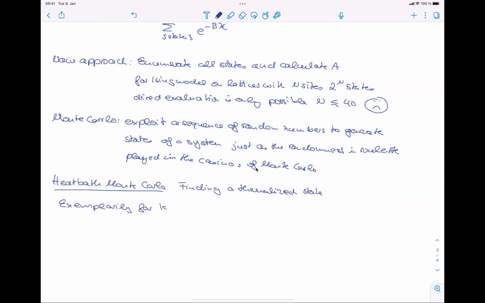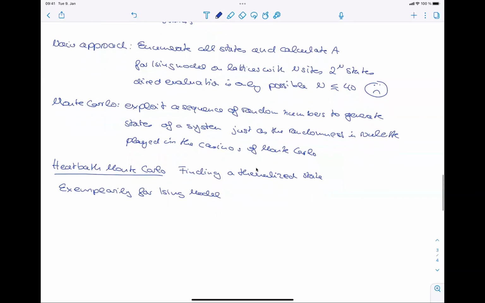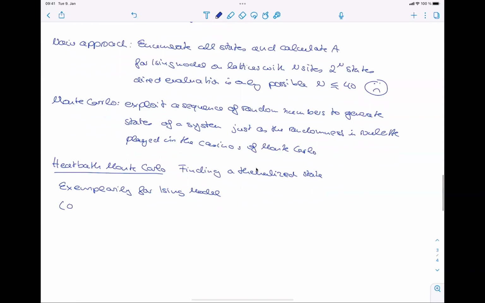It's exemplary for the Ising model. What we would do as a first step is initialize a random spin state on a lattice, right? We assign just a random spin up and spin down on all sites on the lattice.